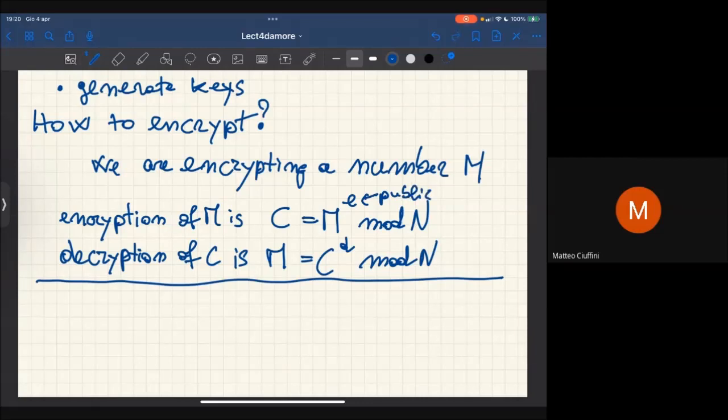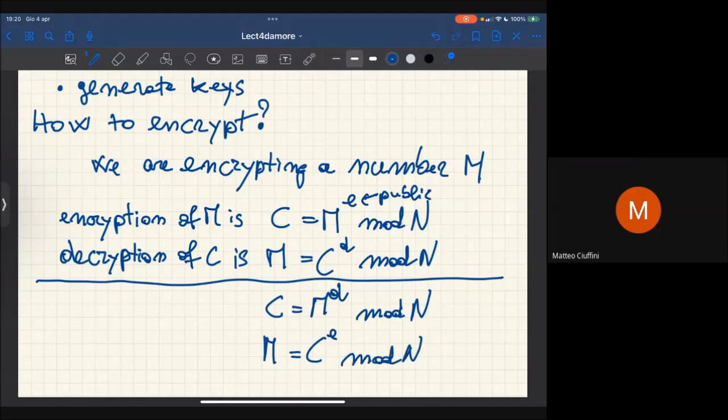But you can use this approach in the other way, and you can encrypt by computing C is equal to M raised to the power of D mod N. If you do that, then your original number will be C to the power of E mod N. So you use the same function for encryption and decryption. You can encrypt and decrypt by using the power, just changing the exponent.